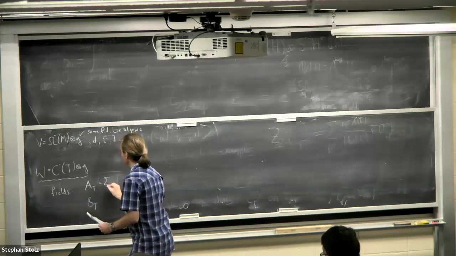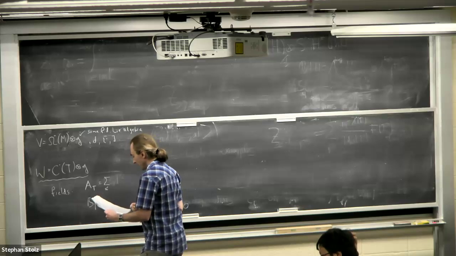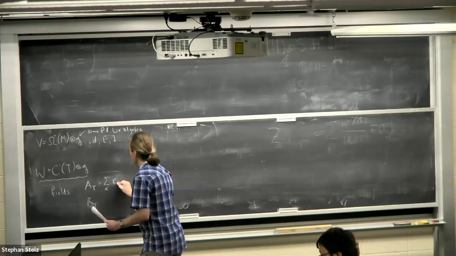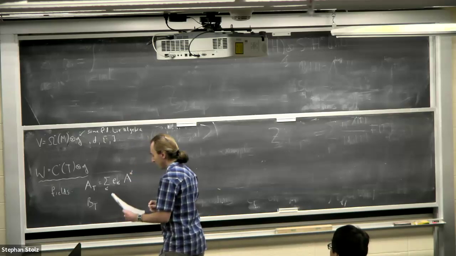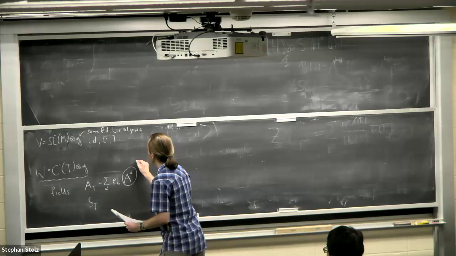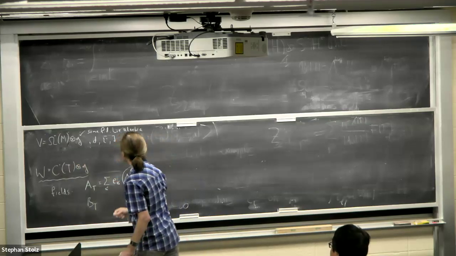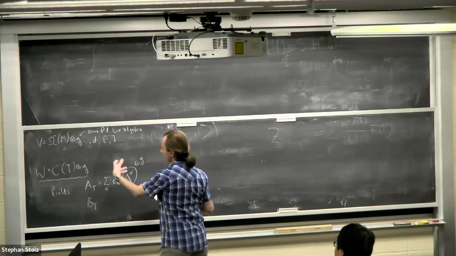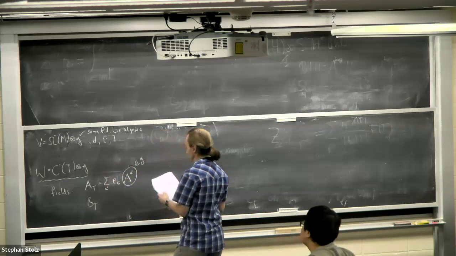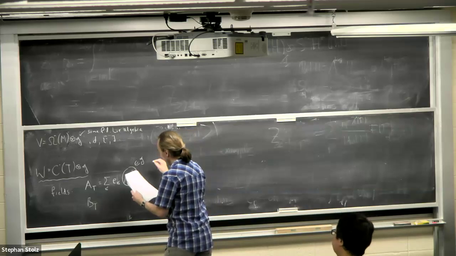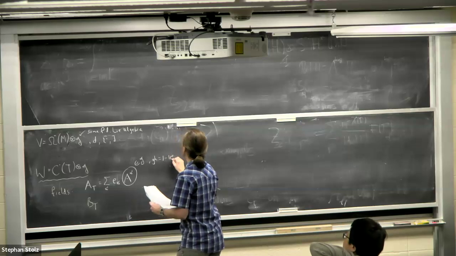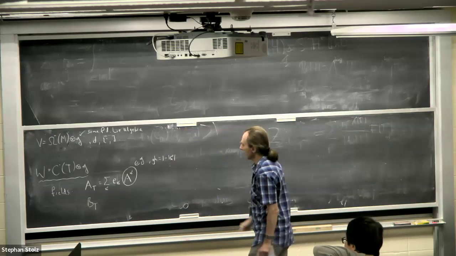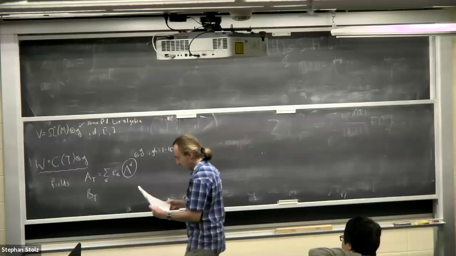So the A field is the sum over simplices sigma of the corresponding basis cochain times a coefficient, and the coefficient will be a Lie algebra element. So ultimately it's a Lie algebra valued cochain, and the coefficient has an intrinsic degree, or ghost number, equal to 1 minus the dimension of the simplex.